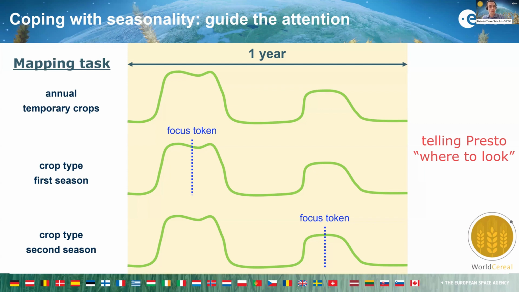However, if we want to map a crop in this situation where there's actually 2 seasons in a year, then we can tell Presto where to focus its attention so that in the first example, the crop type first season, our information that we get from the model is really centralized over that first season so that our downstream crop type model recognizes the crop correctly as coming from the first season, while in the second example, we focus the attention of Presto to the second part of the time series. And we get a totally different kind of information stream, which is relevant for the second crop season. And this is how, with the same information stream, we are able to detect multiple seasons in Presto.